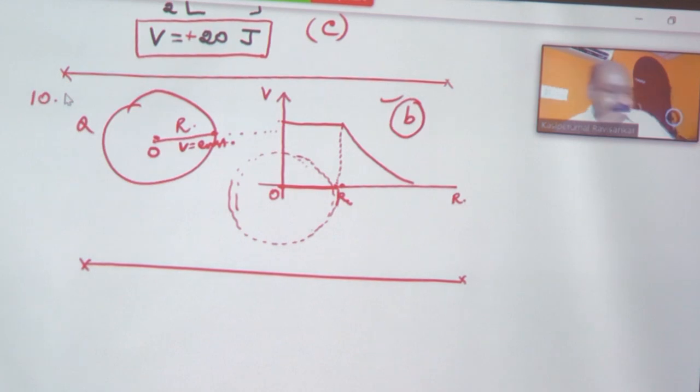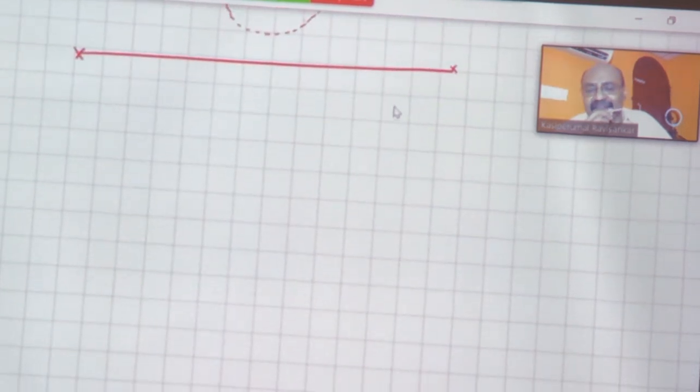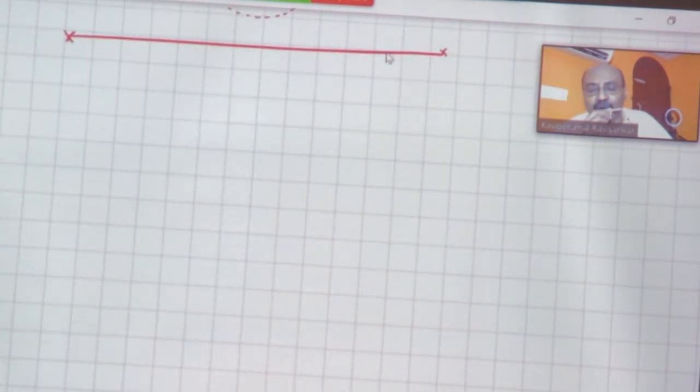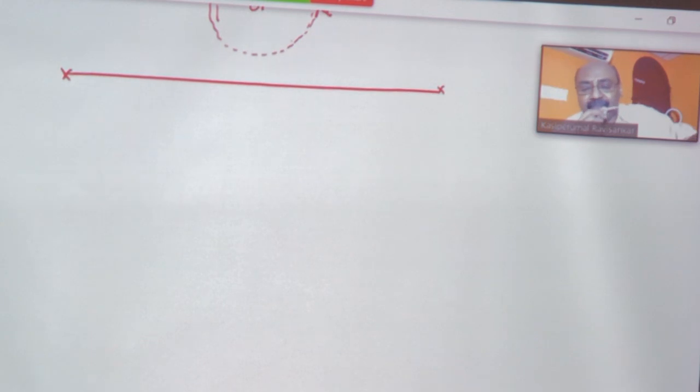Similarly, let us move on to the next one. The next one is question number 11. 2 points A and B are maintained at a potential of 7 volt and minus 4 volt respectively.